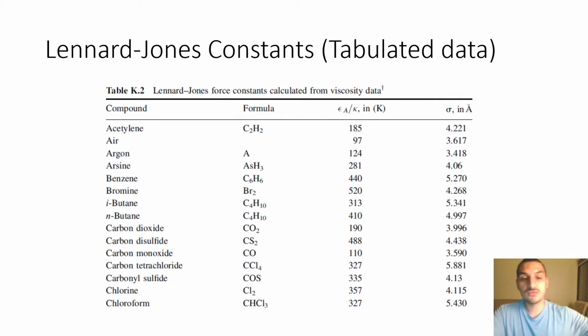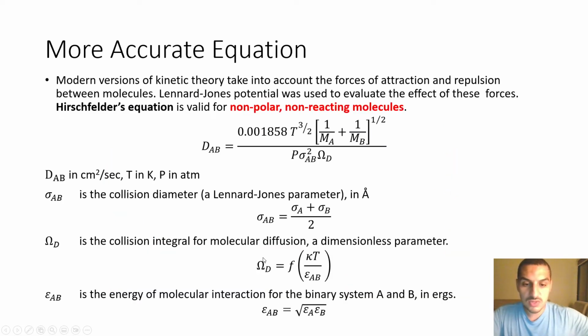You already have 4 pieces of information out of the 5 known now. If you have the 2 species here that you know, then you can get epsilon over kappa and sigma for them. And back to the equations, you can calculate sigma AB, and you calculate epsilon AB over kappa. So this is very, very easy and straightforward.